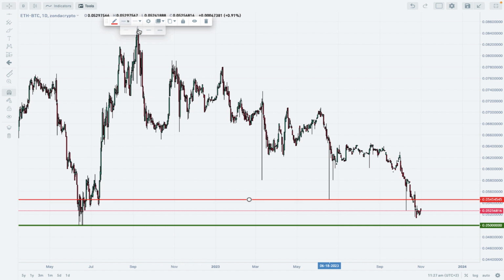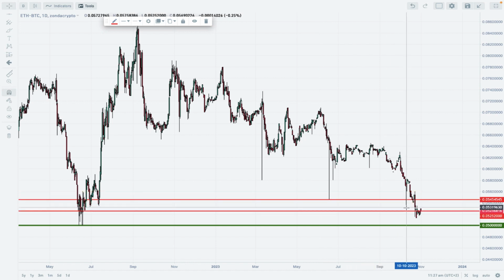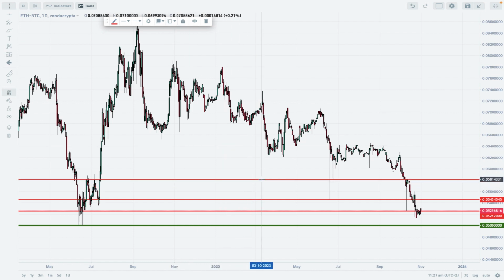Of course, the technical resistance is now located at 0.05454. If we copy this line, we can set the other technical resistance even lower, on the lows from the 10th of October 2023, 0.0525, and one more technical resistance level can be seen at the weekly low from March 10th, 2023 at 0.0581.